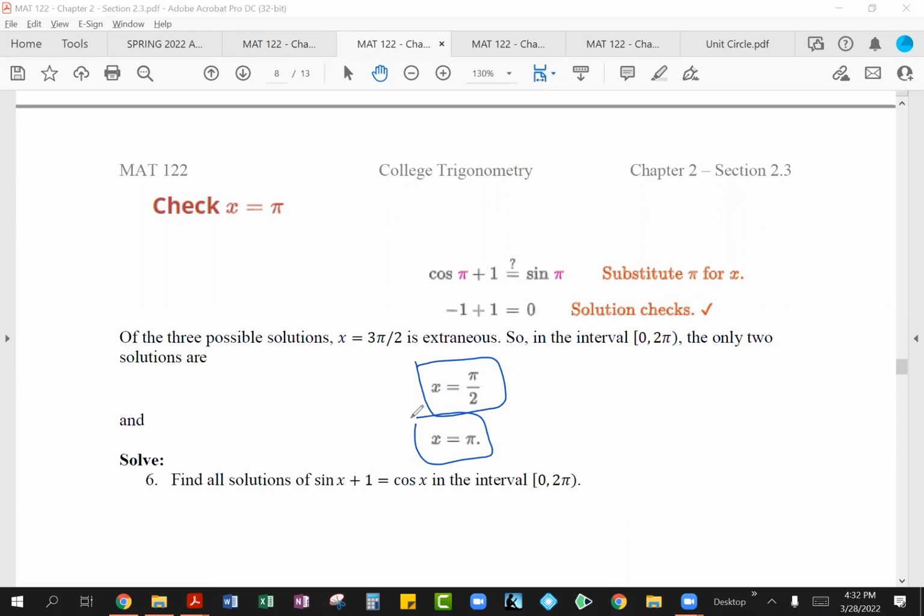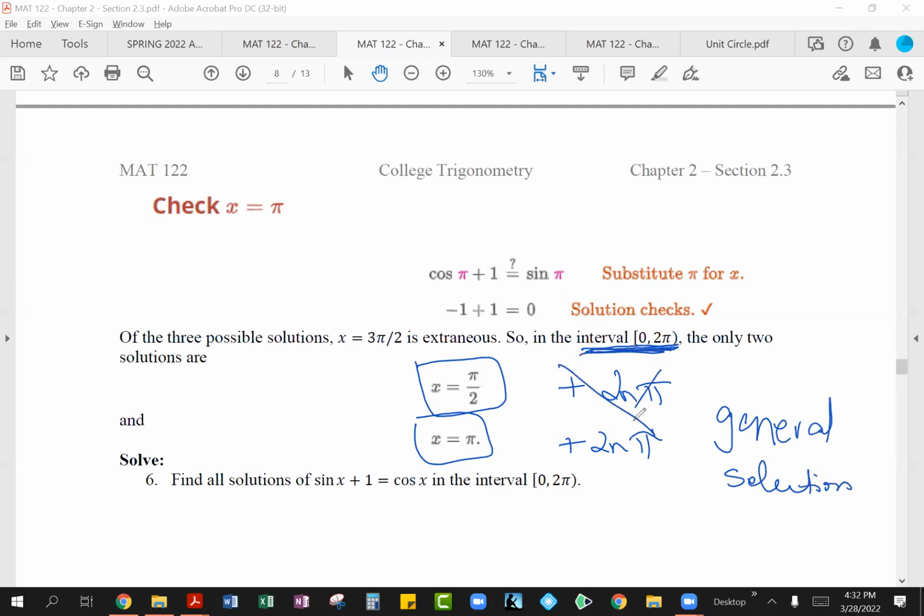pi halves and pi. And guys, you will remember, since this is not a general solution, since we're only doing this in the interval from 0 to 2 pi, we are not adding the 2 n pi to this, because this is only when they ask you for a general solution. But when they ask you specifically for an interval, you don't add the 2 n pi.